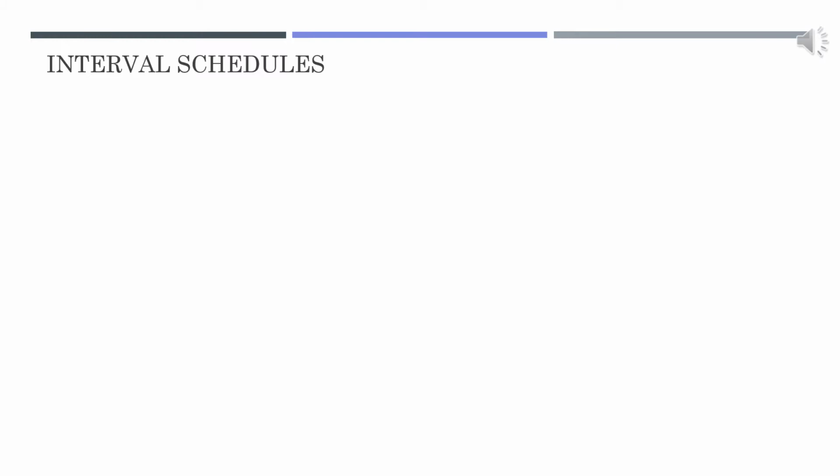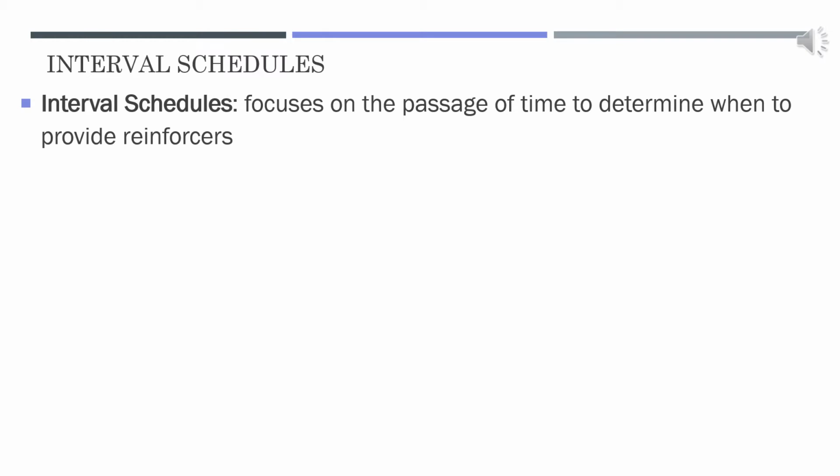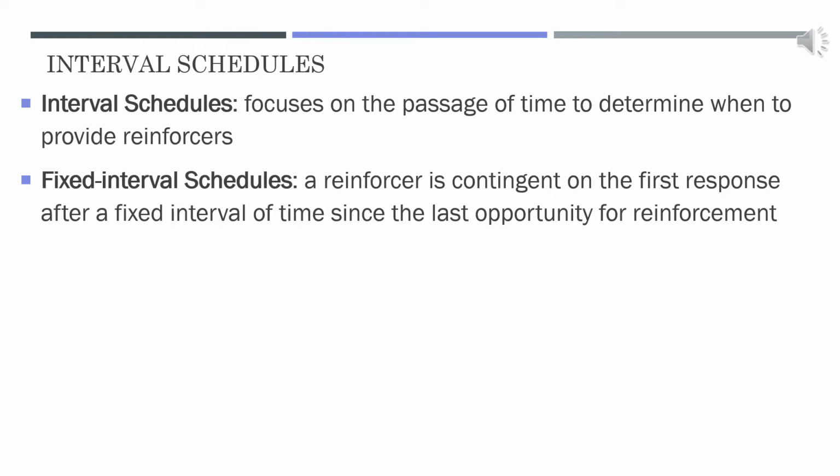Another type of schedule of reinforcement is interval schedules. An interval schedule focuses on the passage of time to determine when to provide reinforcers. The first type of interval schedule we will discuss is a fixed interval schedule. This is when the reinforcer is contingent on the first response after a fixed interval of time since the last opportunity for reinforcement.